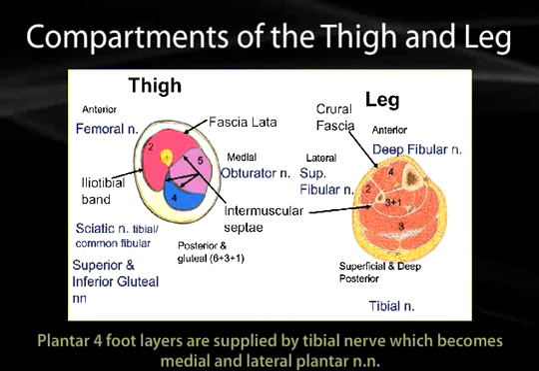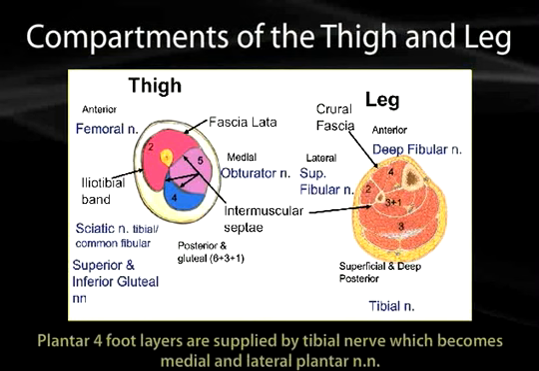As we move into the leg, you have the lateral compartment, all of which is done by superficial fibular nerve. Anterior compartment, which is done by deep fibular nerve. These come off of the common fibular. And then the posterior compartment, both the deep and the superficial posterior compartments are done by tibial nerve.